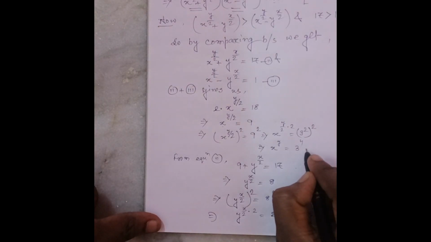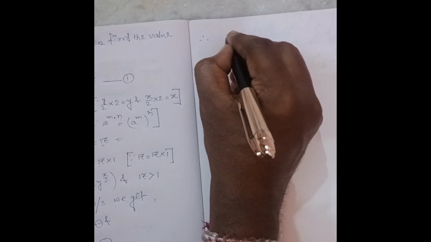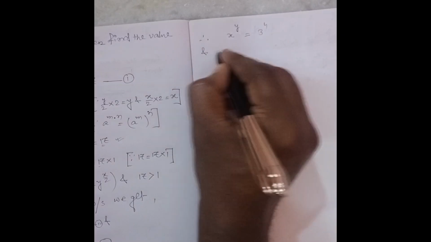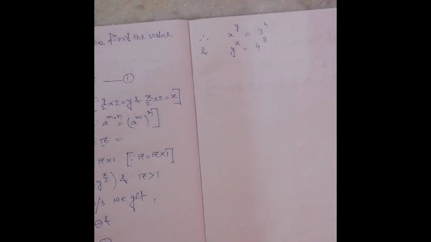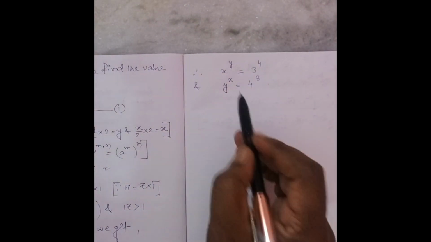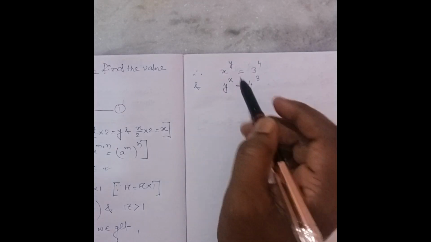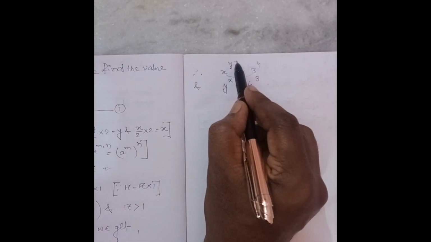Okay guys, just name these as equation number 4 and equation number 5. Therefore, x to the power y equal to 3 to the power 4 and y to the power x equal to 4 to the power 3. If you have a look at these two equations, by comparing we simply say x equal to 3 and y equal to 4.